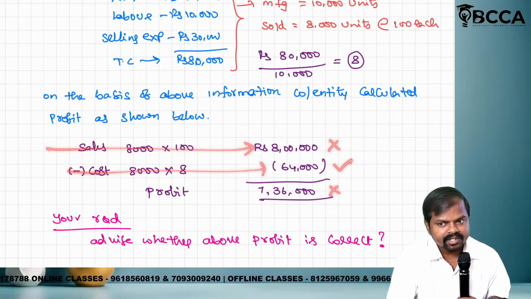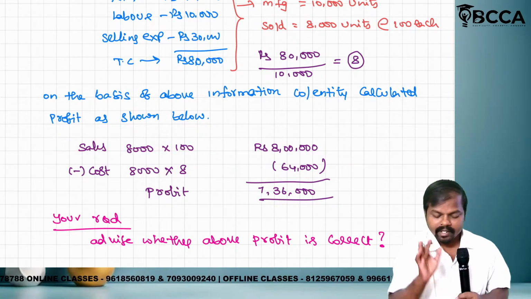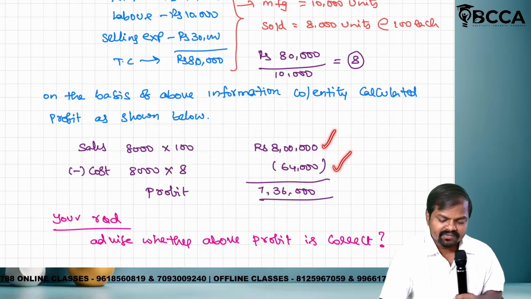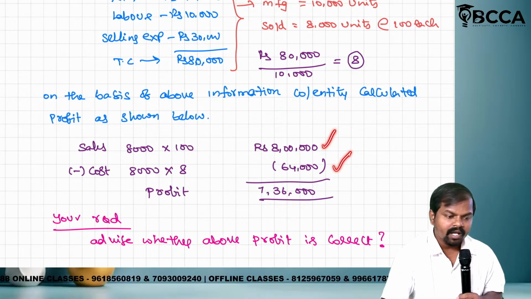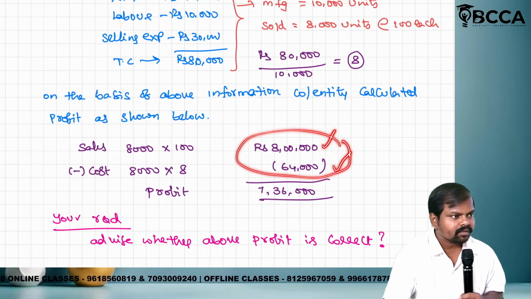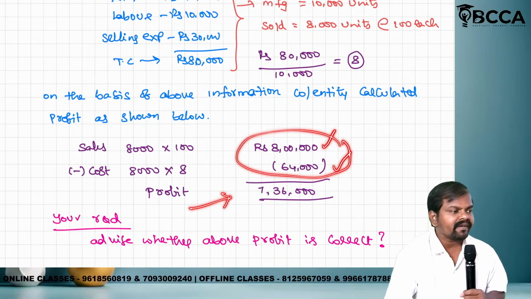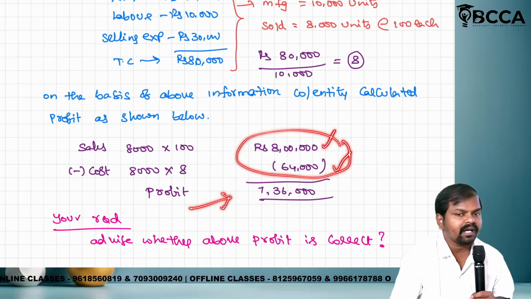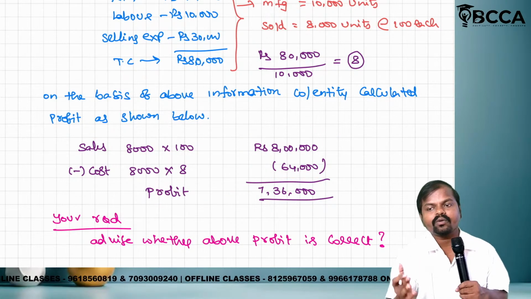Now time to check whether this value is correct or not. If both the values are correct, we can conclude that the 7,36,000 given in the question paper answer is correct. Otherwise, we can conclude that it is wrong.